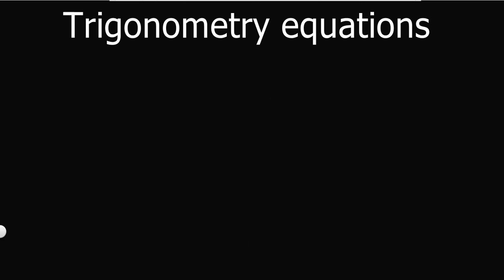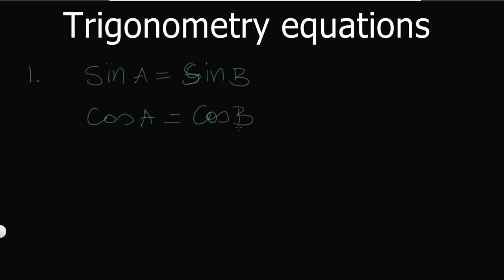So you will go to the example that first one you can find, where you find the first trigonometric equation, which has the form sine of a equal to sine of b, or you can have cos of a equal to cos of b.